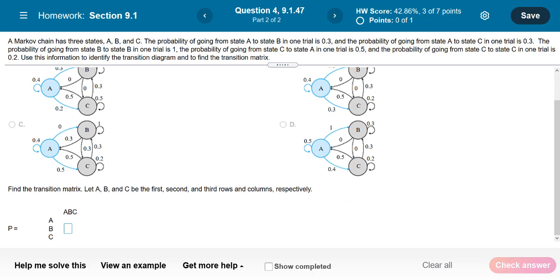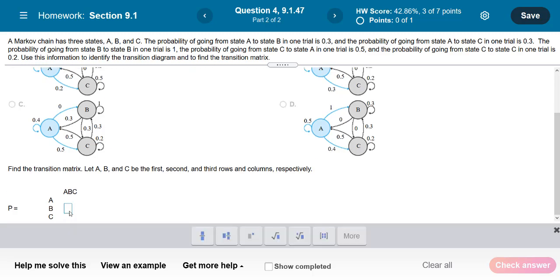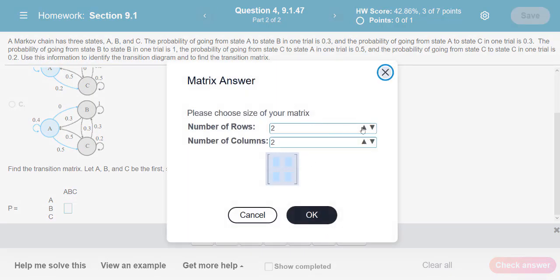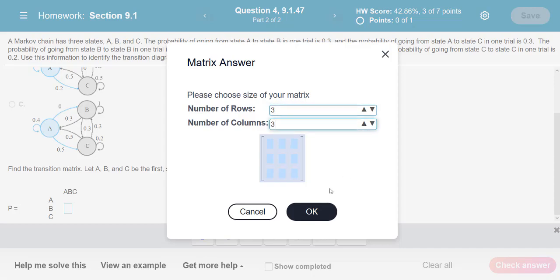Now we need to change that into the transition matrix. Now, if we have the correct choice for our transition diagram, we should be able to write the transition matrix from that. Our transition matrix is going to be a 3 by 3.